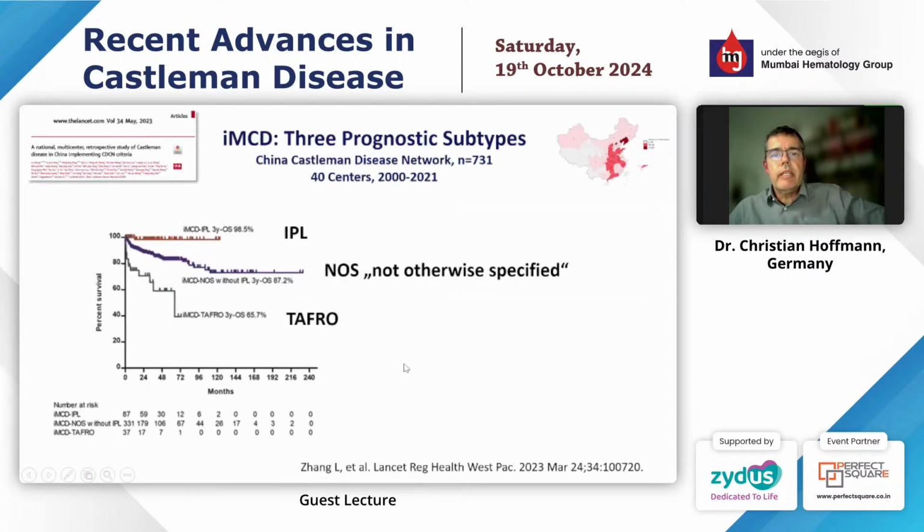During recent years, again, this is the China Castleman Disease Network, incredibly huge numbers, 731 patients from 40 centers. And this group has evaluated 3 different prognostic subtypes of IMCD: the IPL, the NOS, and the TAFRO syndrome. NOS is not otherwise specified. And the IPL has an overall survival resembling the UCD overall survival.